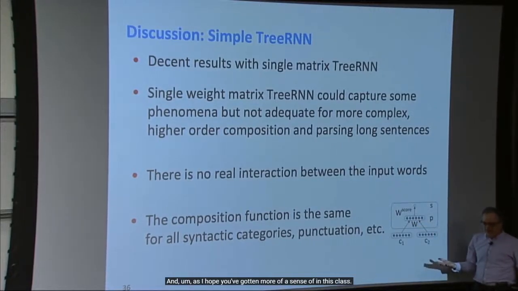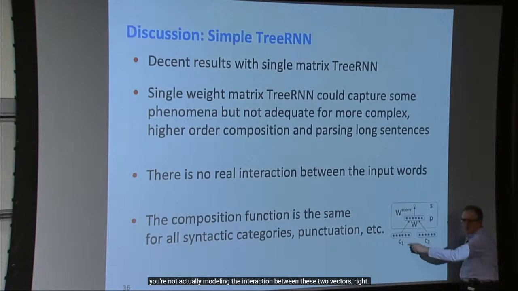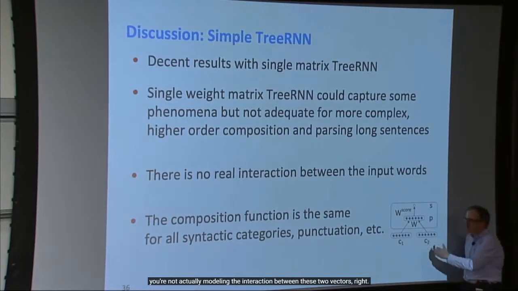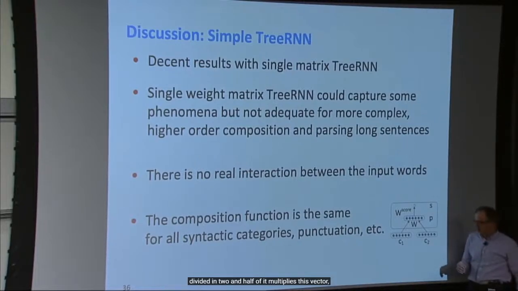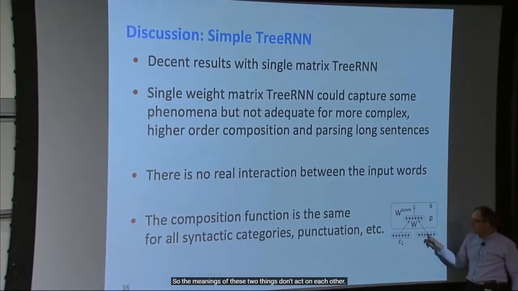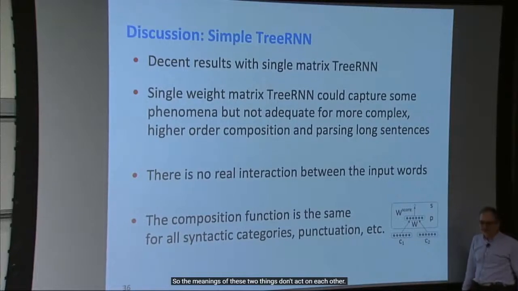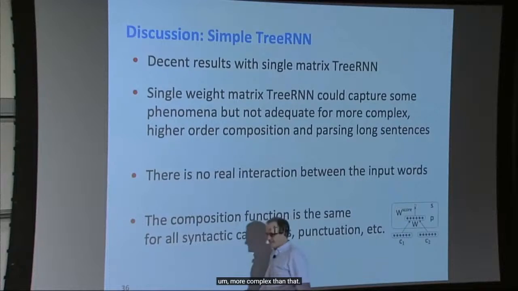And as I hope you've gotten more of a sense of in this class, if you just concatenate and multiply by a weight matrix, you're not actually modeling the interaction between these two vectors. You can think of this weight matrix as being divided in two, and half of it multiplies this vector and half of it multiplies this vector. So the meanings of these two things don't act on each other. And so somehow you have to make your neural network more complex than that.